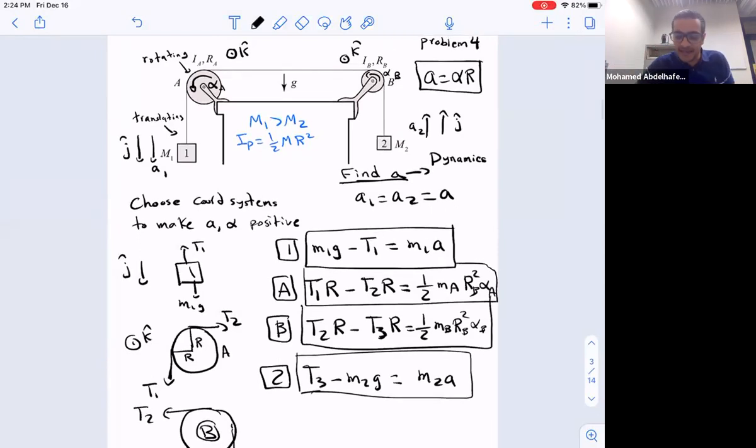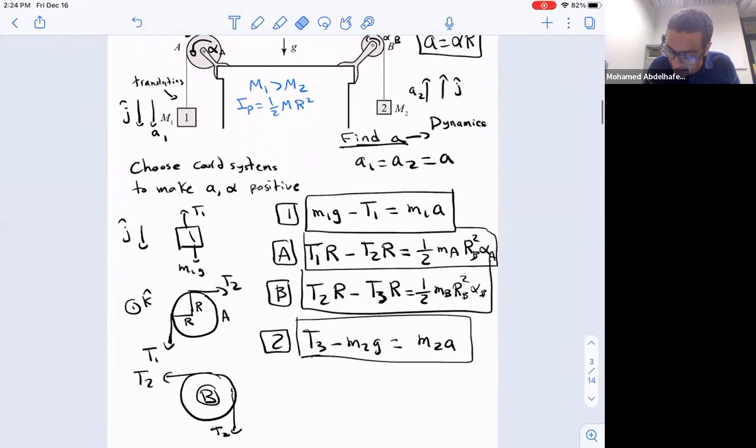So what do we do now? Let me just show you this very quickly. I'm going to replace the alphas in the equations by A over R. So this guy right here is A over R, and this is A over R. When you do this, the R's should cancel out in the equations, like A and B for the pulley equations.